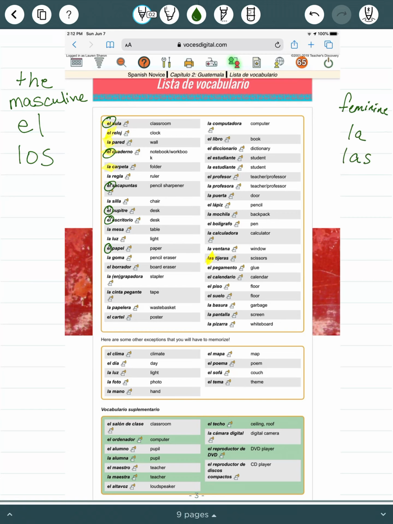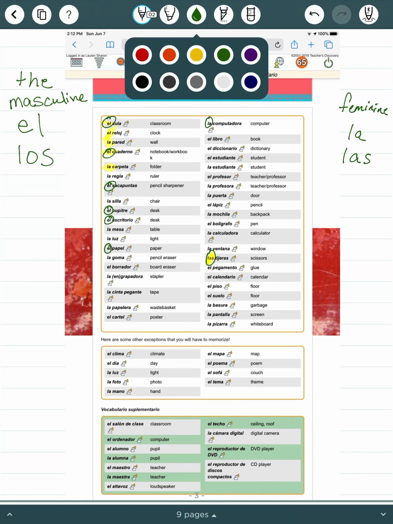So when you see la, then you know it's feminine. Las is feminine. That just clues you in on some things. And later on, we're going to realize that nouns being masculine or feminine actually changes up a lot of things in a sentence. So that's very important to go ahead and start understanding.